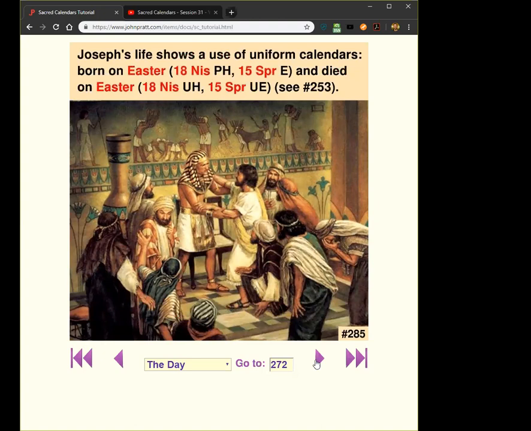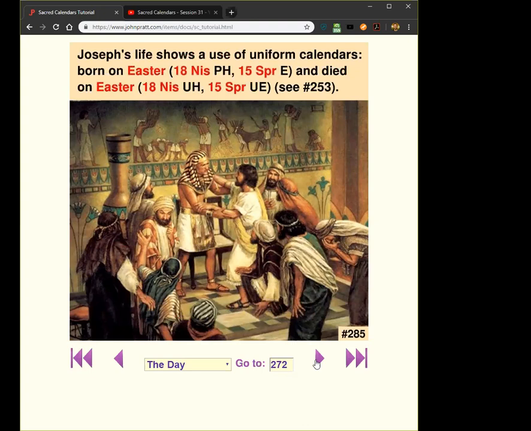And by the way, so is his wife, 11 years later, on both. The Hebrew calendar repeats after about 11 years, and 11 years after he's born, she's born. So when he's 30, when they get married, she's 19. But she's born right on the same day on both calendars again.